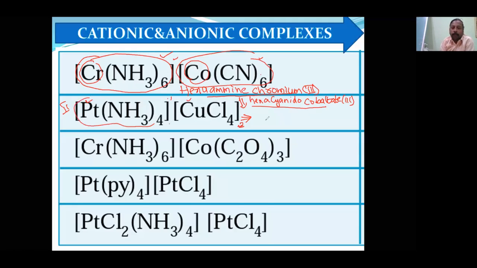So the name will be tetraammine platinum. Platinum oxidation number will be 2. You should know the stable oxidation numbers of metals. Like copper, everybody knows it is plus 1 and plus 2. So here it is the even number, therefore it will be plus 2.